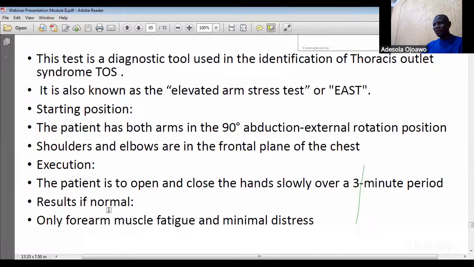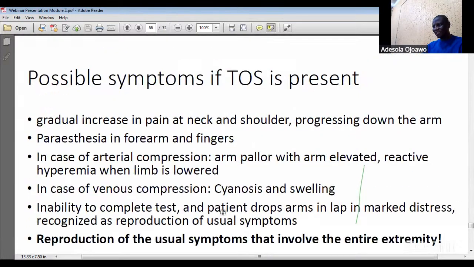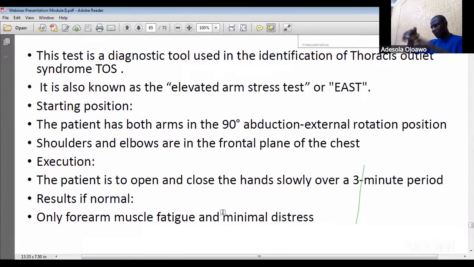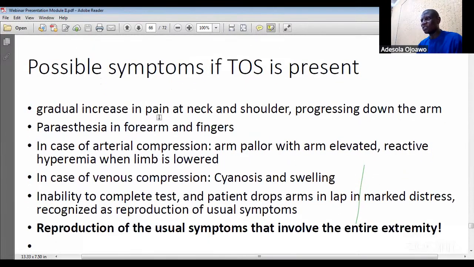Result: if normal, there is only arm muscle fatigue and minimal distress. But at times the pain may go from the hand to the shoulder joint, and we say the test is positive. Possible symptoms include a gradual increase in pain at the neck and shoulder, progressing down the arm, and paresthesia.